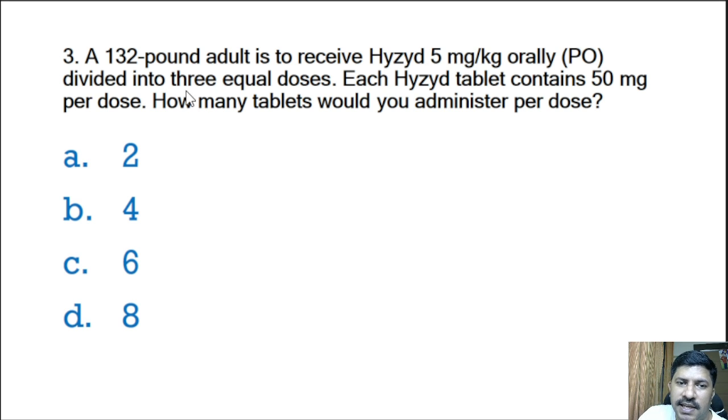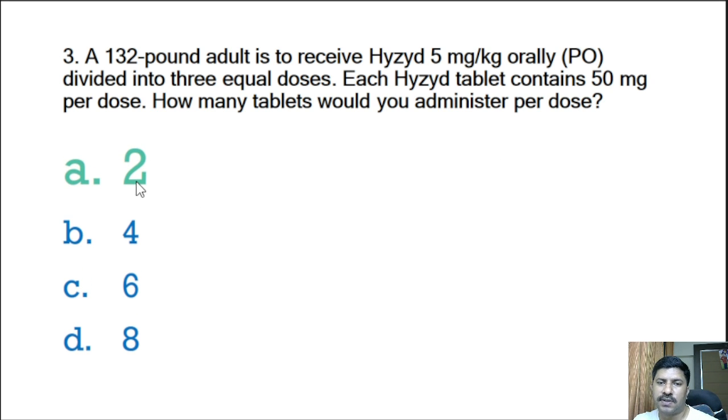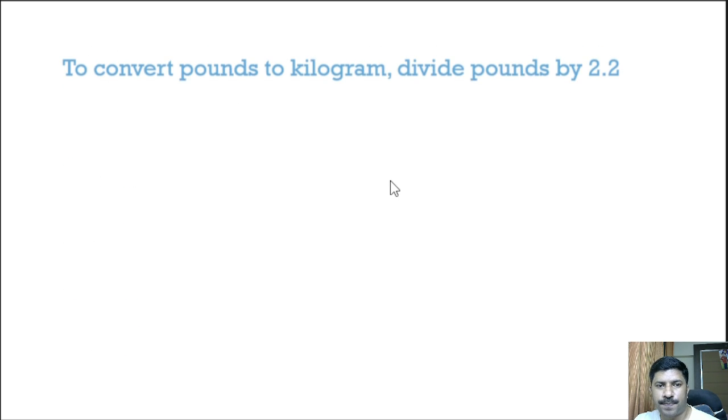Another thing is that the total dose is divided into 3 equal doses, that is TID. So first we need to find the total daily dose, then we need to find the TID, the each dose of drug. The available tablet is 50 milligram. So we will check the answer here. Each dose contains 2 tablets. We will solve the question here.